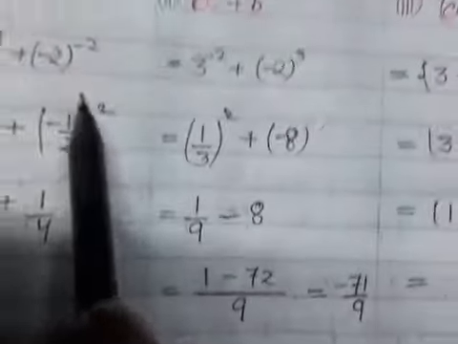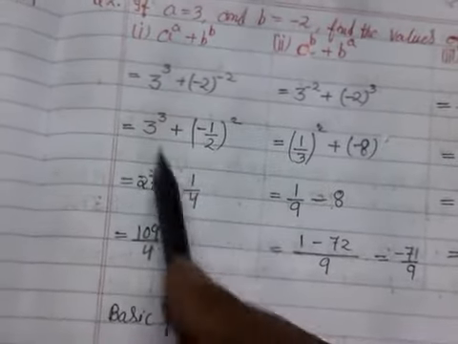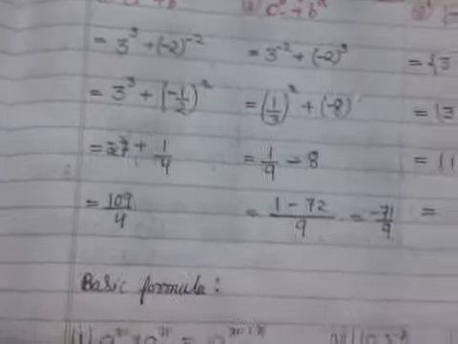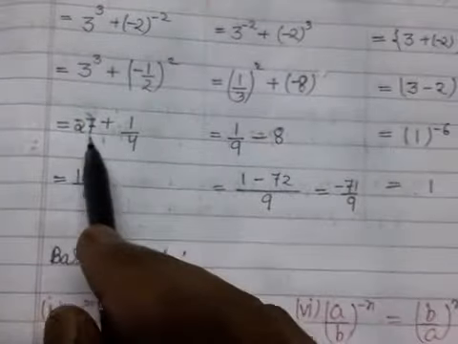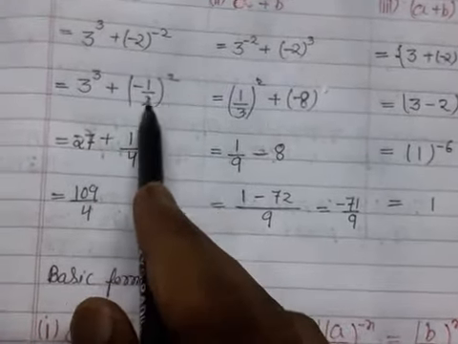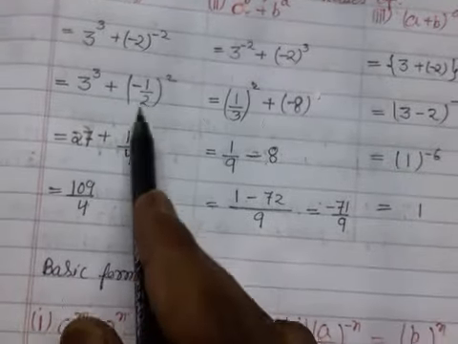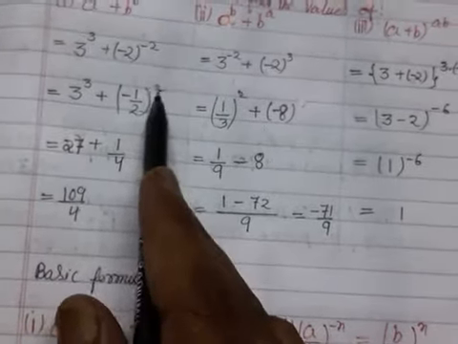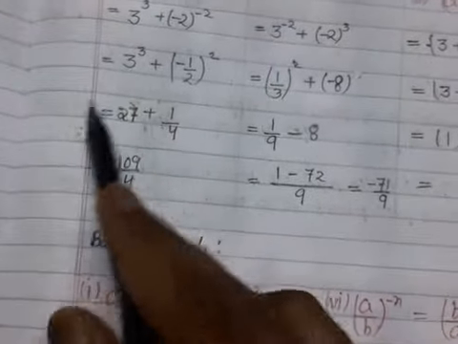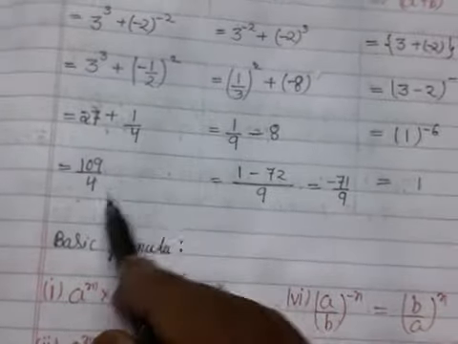So we convert minus 2 into 1 by 2. Now 3 to the power cube means 27. Now here square of any negative integer is also positive, so we write 1 by 4 because square of 1 is 1 and square of 2 is 4. Now when we add 27 plus 1 by 4 we get 109 by 4.